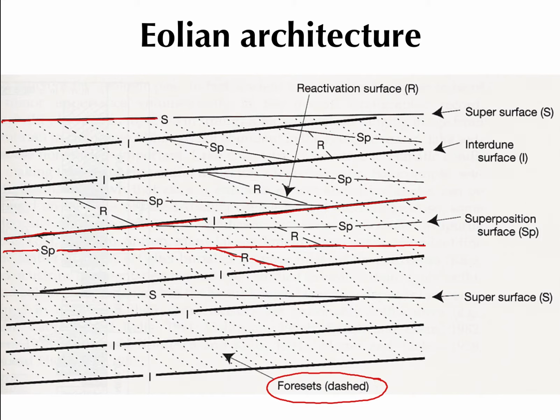A supersurface is a surface created when an entire complex of sand dunes blows out entirely, leaving behind only that sand that was unable to be blown away, maybe because it was wet or maybe because it was already lithified. And then you can deposit something else on top of that supersurface, perhaps more sand dune deposits.